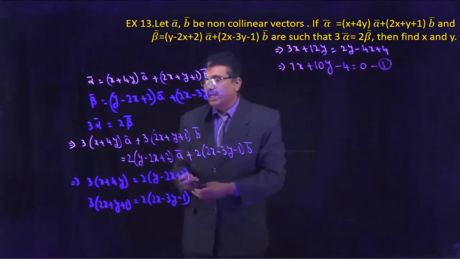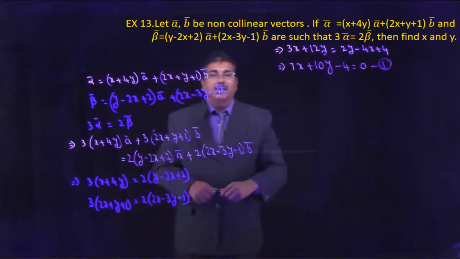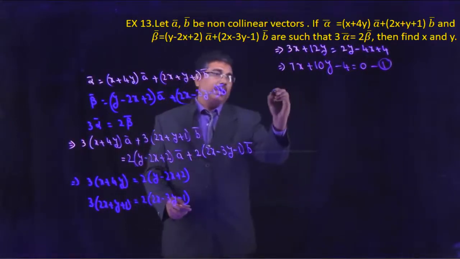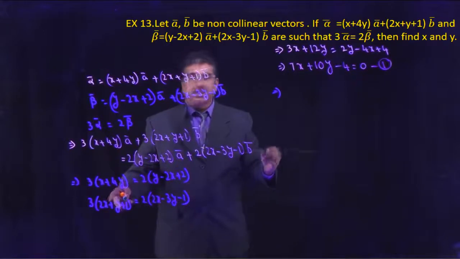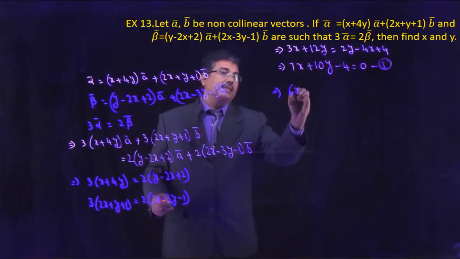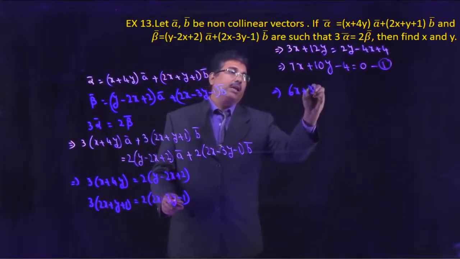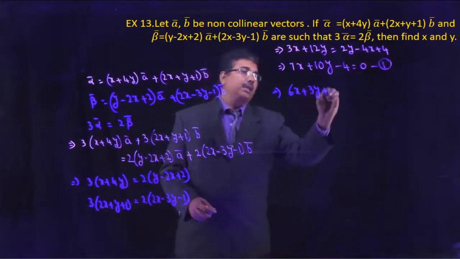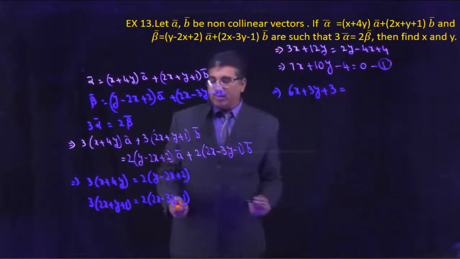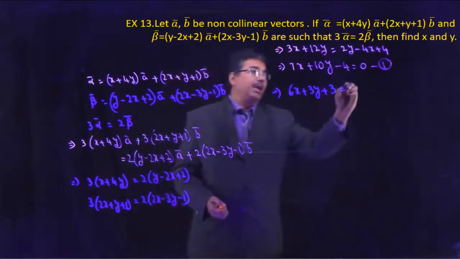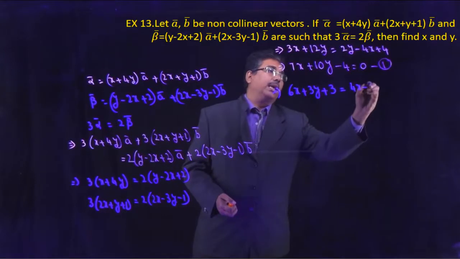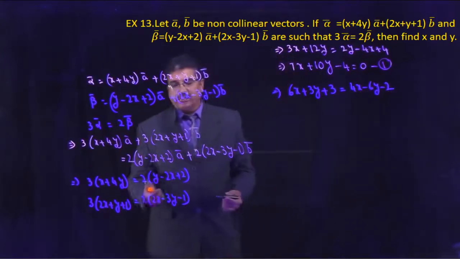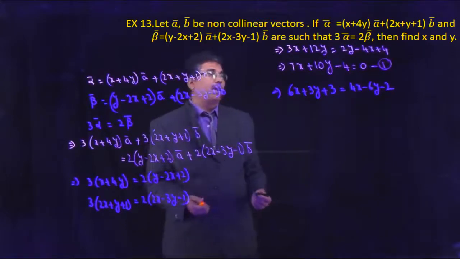Now simplifying this equation, that implies 3 times 2x, 6x, plus 3y plus 3 is equal to 4x minus 6y minus 2.